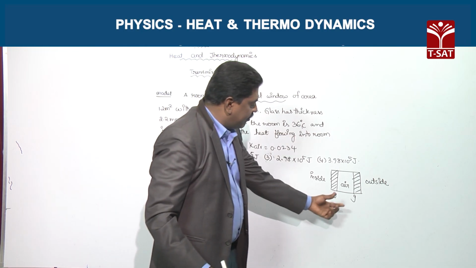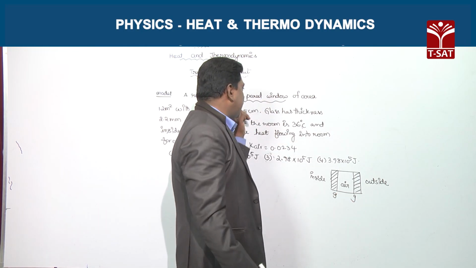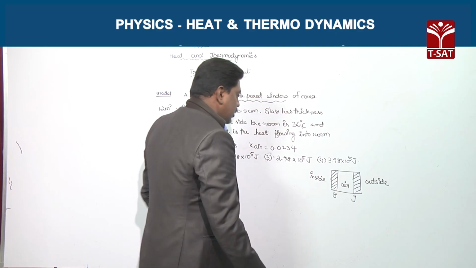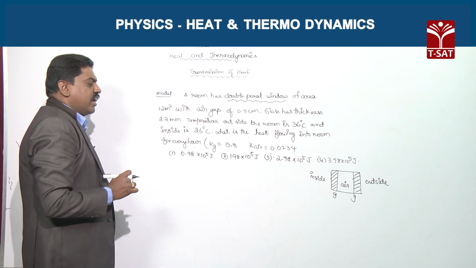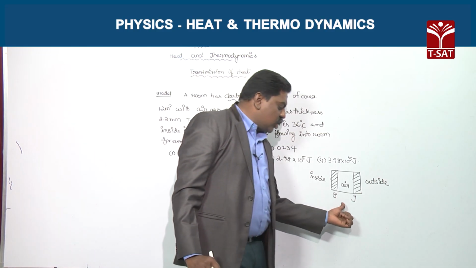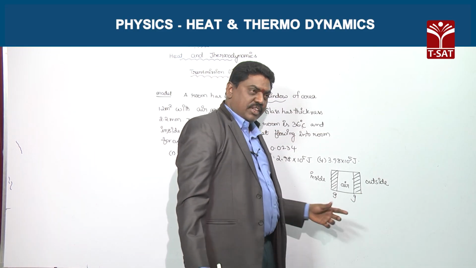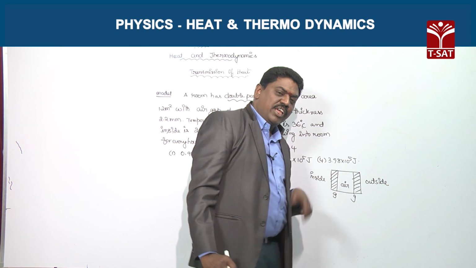This kind of window is called a double paned window, air between two glass panes. It is nothing but the combination of three rods.